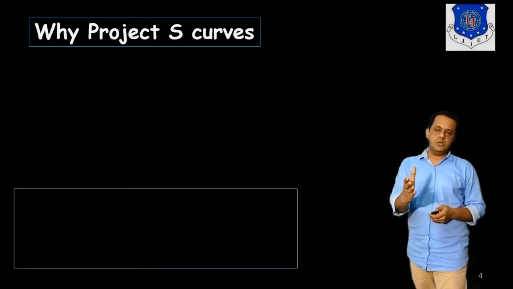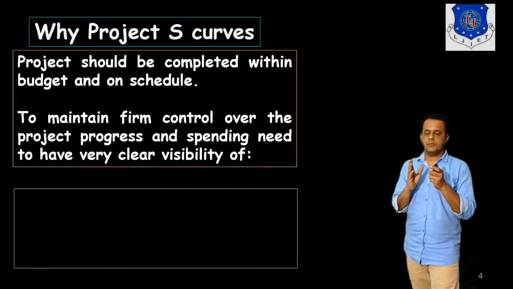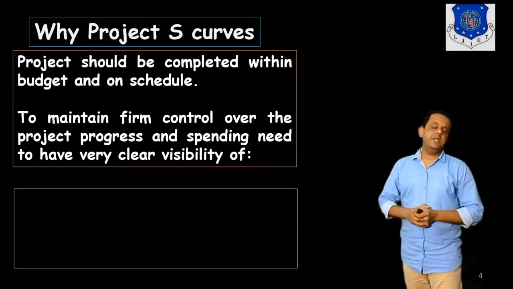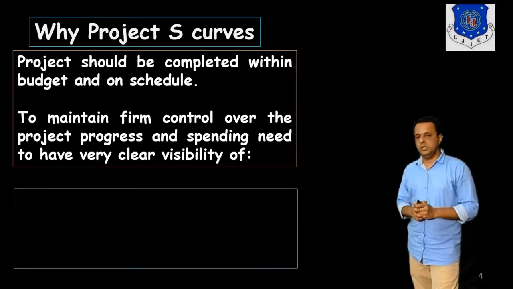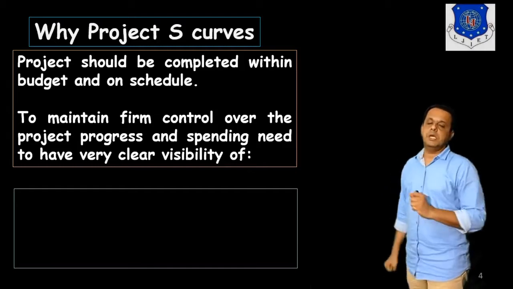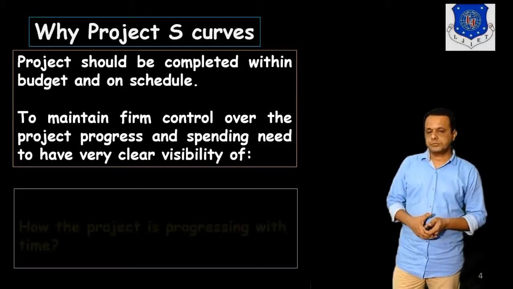So why project S-curve here? It is actually keeping the track. The project should be completed within the budget and schedule, and it will help you to maintain a firm control over the project progress and spendings.